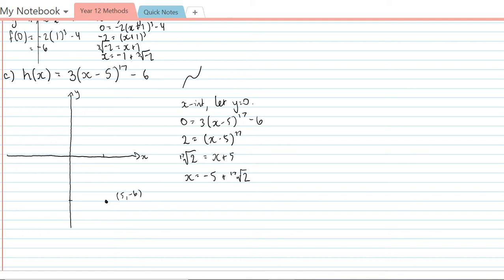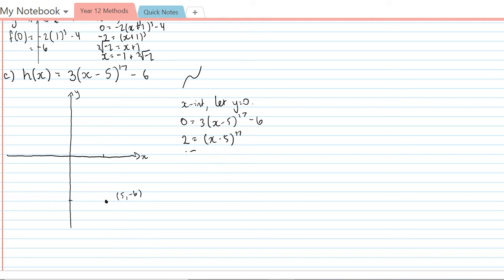So the x-intercept is negative 5 plus 1, roughly. So that's about as far as we'll go with that one. Just give me a second. Sorry, I don't know why I just changed that to an x plus 5. That was a little bit silly. I was thinking, this just isn't making sense.